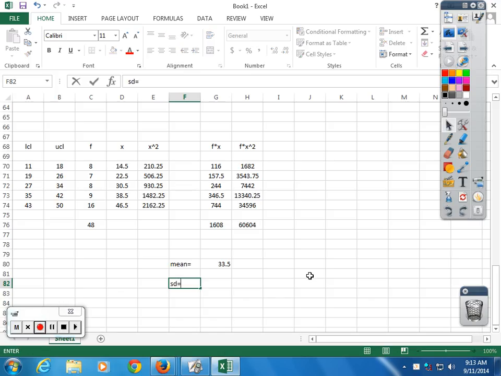Standard deviation is going to be equal to, and I'm going to write this out for you, equals 48 times this number, and then we're going to minus this number squared. And then we're going to put that over n times what?